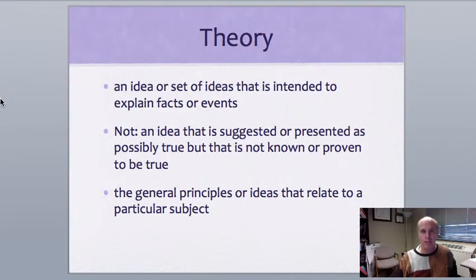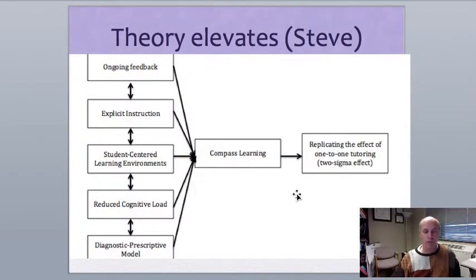All right, now the next few slides I'm going to use are going to establish what I would say is the benefit of theory and why we're spending time on it. The first one is from Steve and his map that he made for Module 6. And I would say what this map shows is how theory elevates. So we could do a study on Compass Learning or any instructional program and find out that it works.